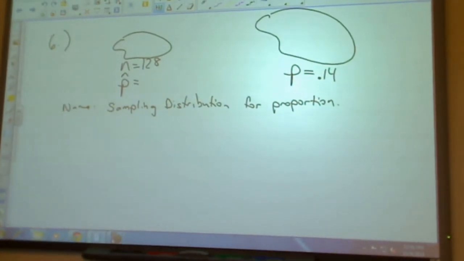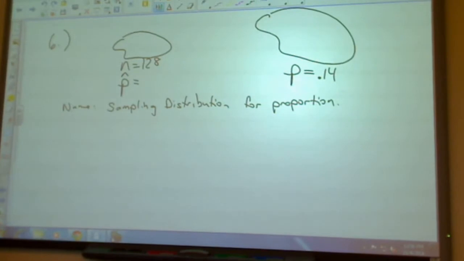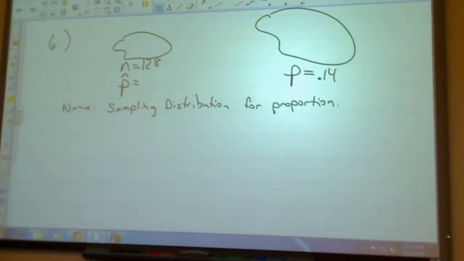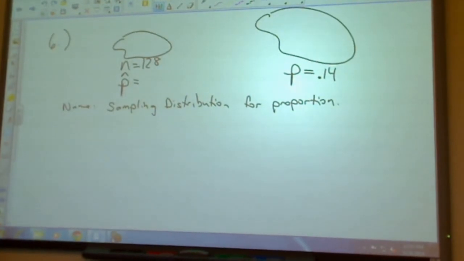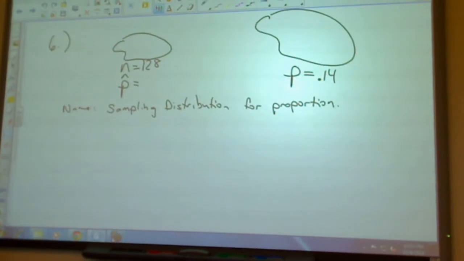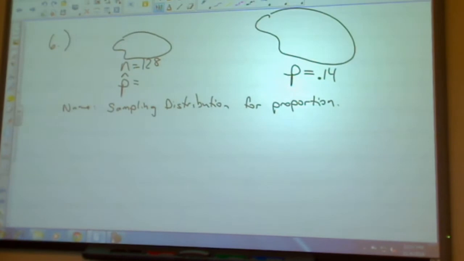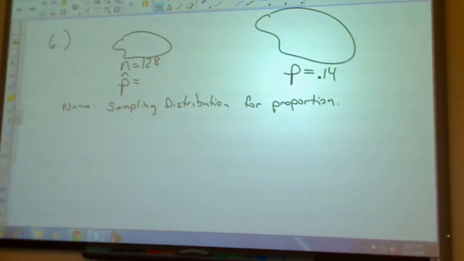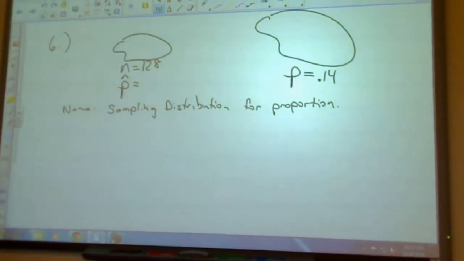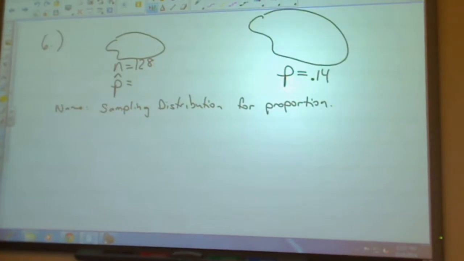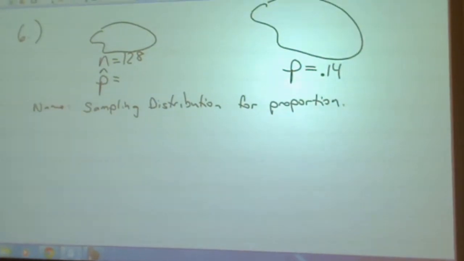I'm having a really hard time figuring out when to do the proportion or when to do the mean. You have to look at the data they've given you. Is it something that could be broken down into a success or failure?